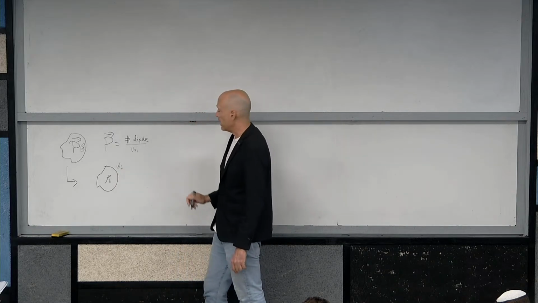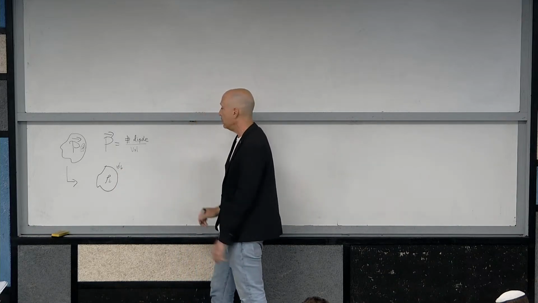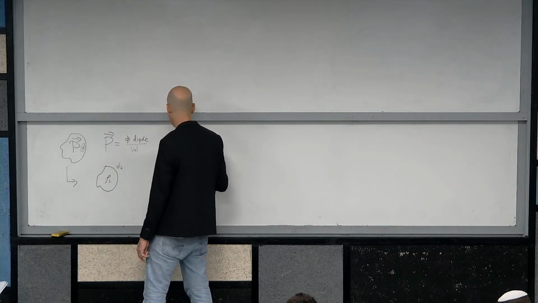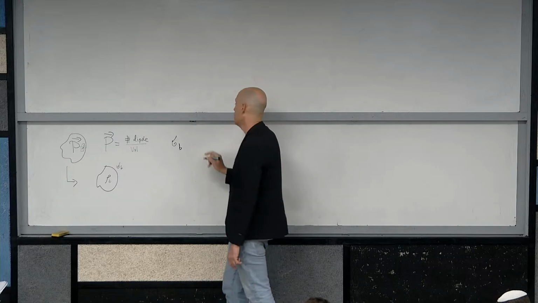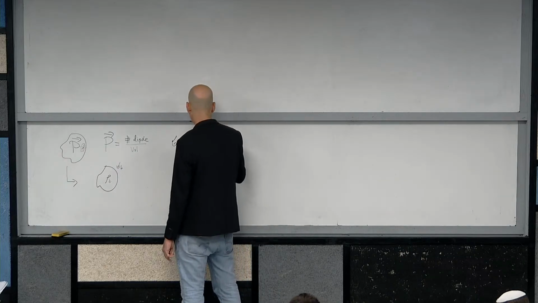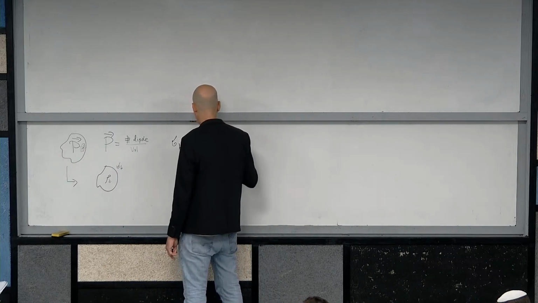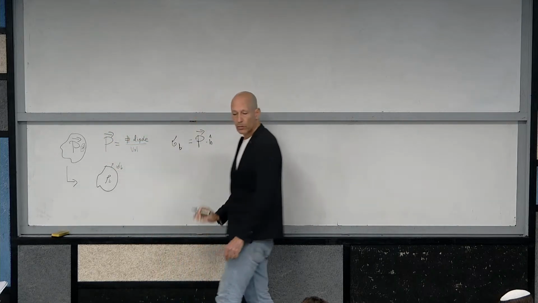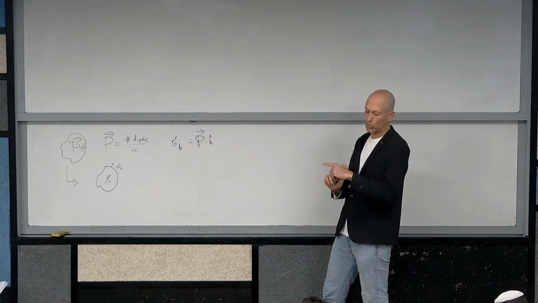And these two, what is the recipe? The recipe is that sigma B, B for the word bound, is P dot N. And what is N? N is a unit vector orthogonal to the surface.